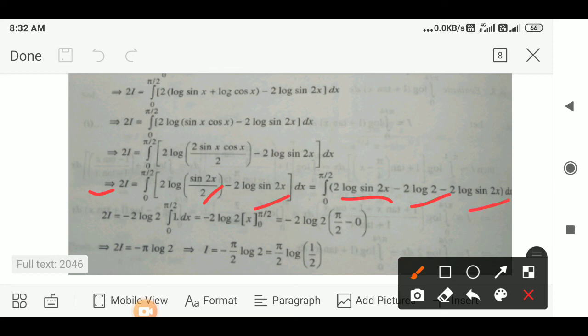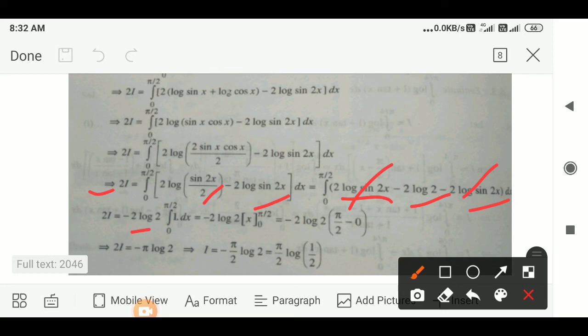So the log sin 2x terms cancel out, we get minus log 2, that is a constant quantity, integration from 0 to pi by 2 of 1 dx, that is minus log 2 times x from 0 to pi by 2.